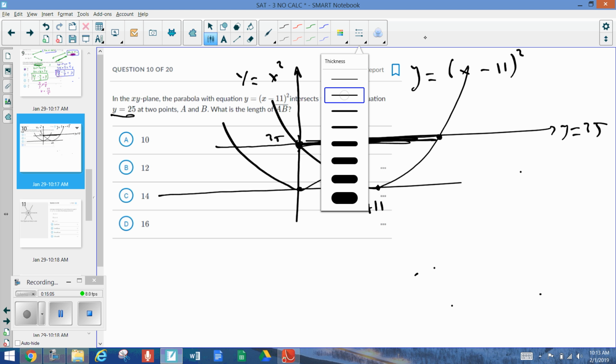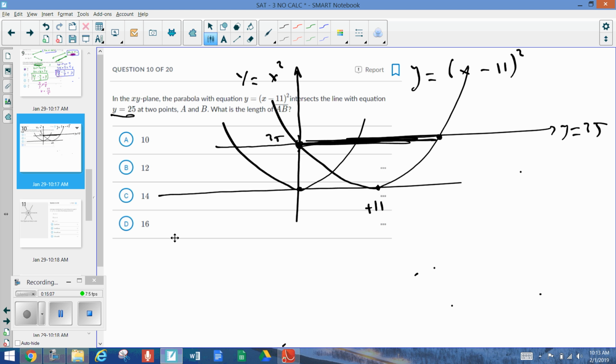Here's the formula: y is equal to x minus 11 squared, and y is equal to 25 is given. So what should I do? Plug it in. 25 is equal to x minus 11 squared. So, does that remind you of something we learned yesterday in Algebra 2 class? Yes, completing the square.